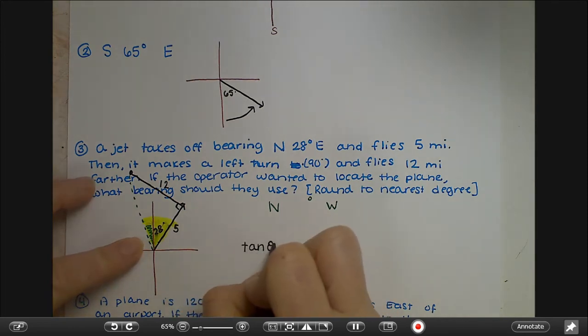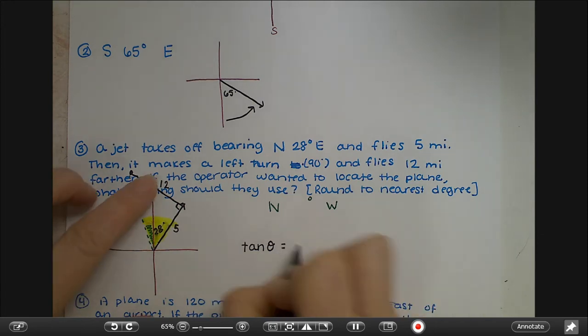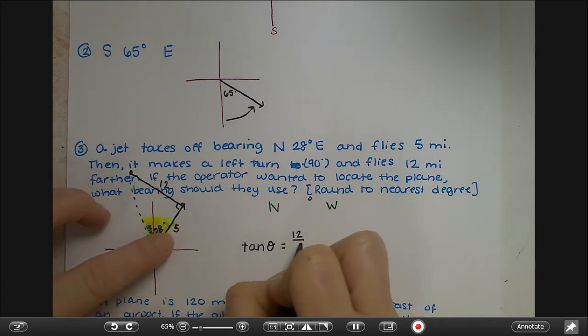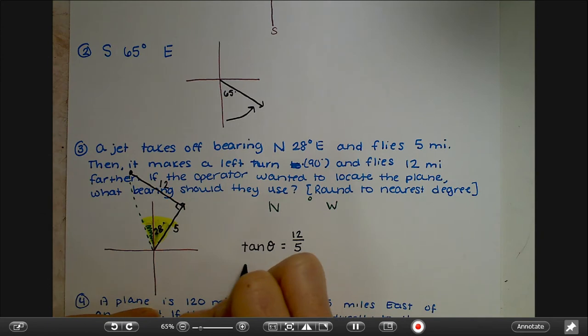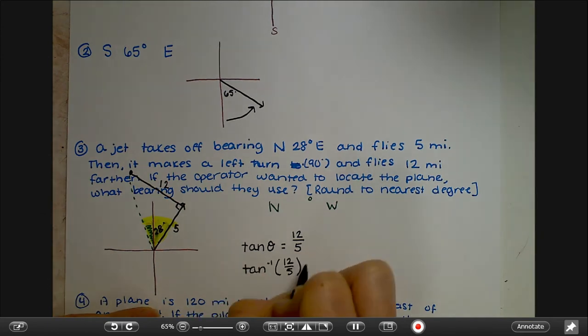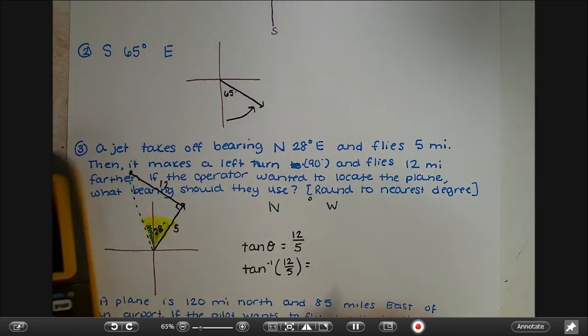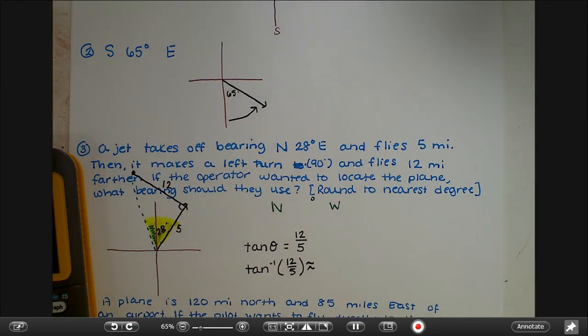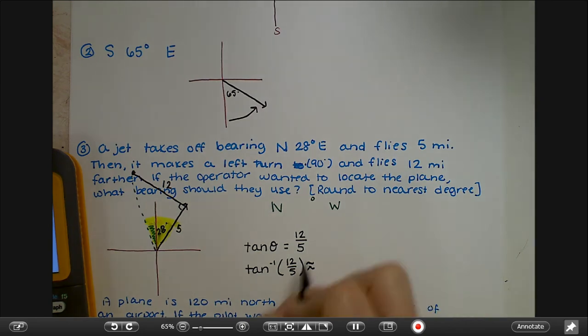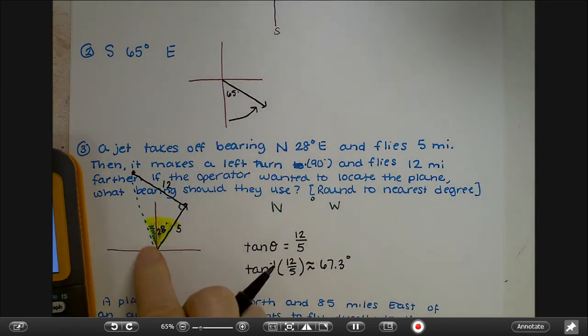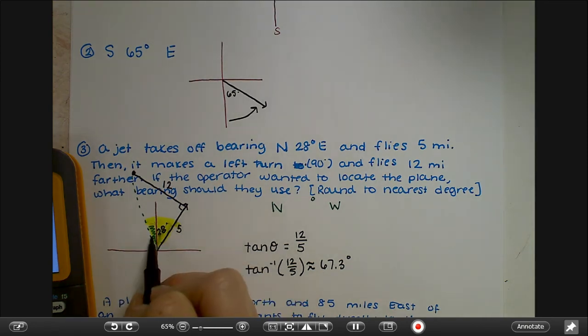Tangent of that angle is equal to opposite over adjacent. We need to use the inverse to find the angle. I guess I should put squiggly equals. 67.3 degrees. Now, this angle is 67.3 degrees, the whole yellow one, but we only need that little green scribbled area.